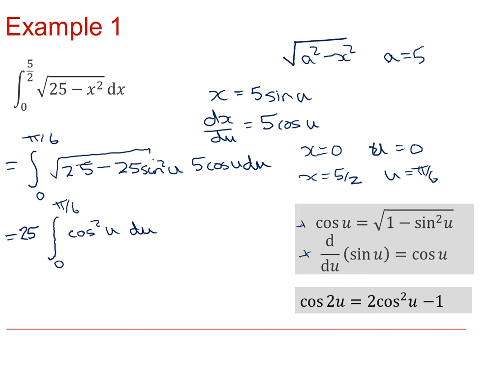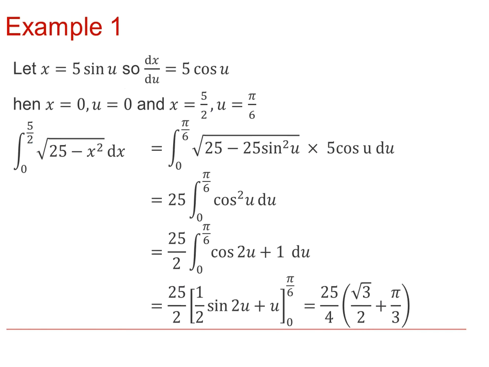We can't integrate cos squared u easily, so we will use the double angle formula. And this will give us 25 over 2 with cos 2u plus 1 du. We can now easily integrate cos 2u to being half of sine 2u, plus u.